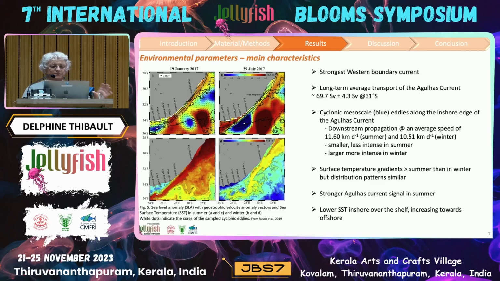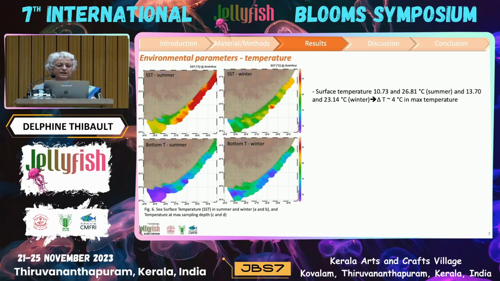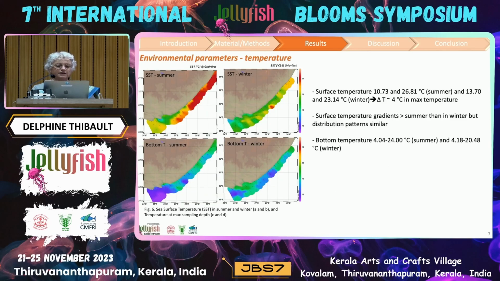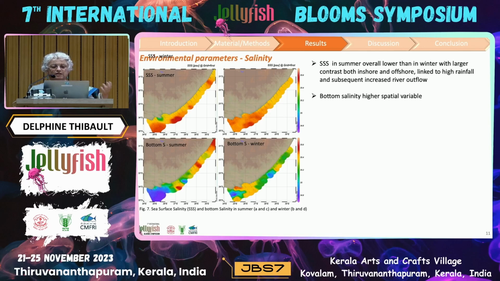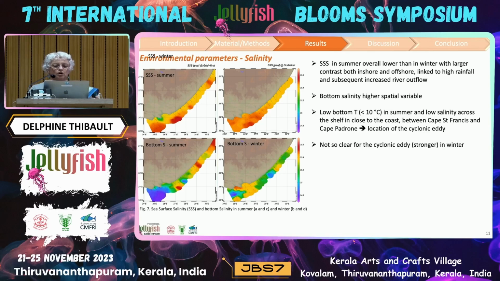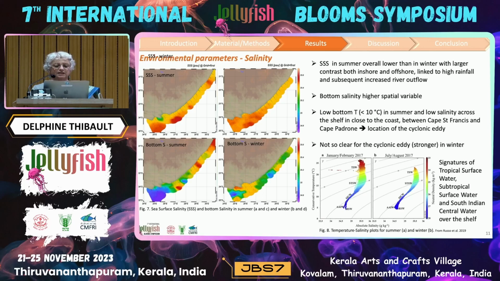The lowest SST was seen onshore. The temperature varies between 10 and 26 degrees, plus 4 degrees in summer, with lower bottom temperature offshore. Bottom salinity was high, lower in winter, and there were several layers of water mass on top of each other.